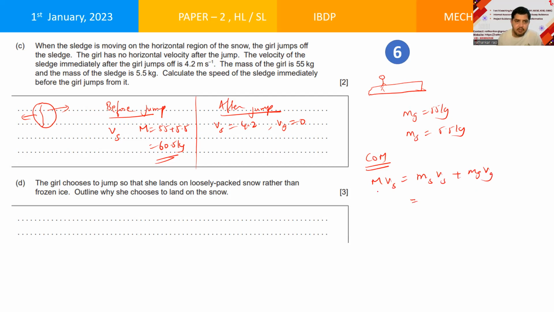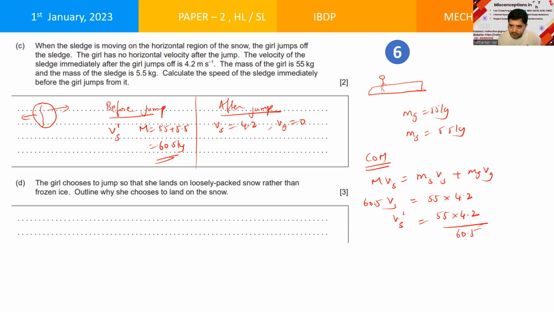So therefore, this is 60.5 multiplied by Vs, which we do not know, equal to 55 multiplied by V sledge after, which is 4.2. Let me call this Vs dash. Vs dash should now be equal to 55 into 4.2 divided by 60.5.